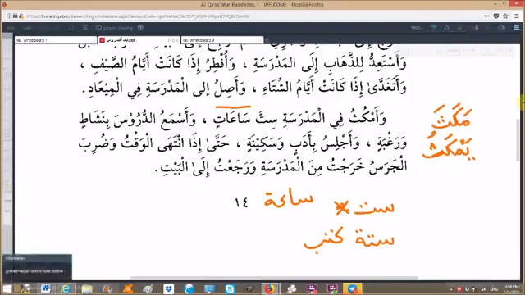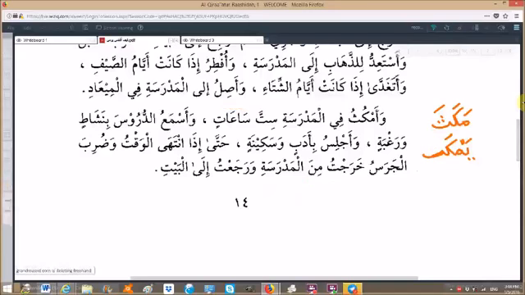I apologize, I had a brief internet go out. But since sa'a is feminine, then we cut off the ta marbuta because the number has to be opposite of the ma'dud, the thing which is being counted, right? So we say sitta sa'at. Amkuthu fil madrasati sitta sa'at. I stay in the school 6 hours.